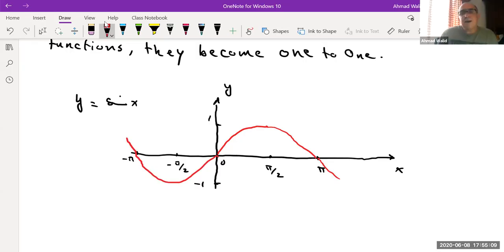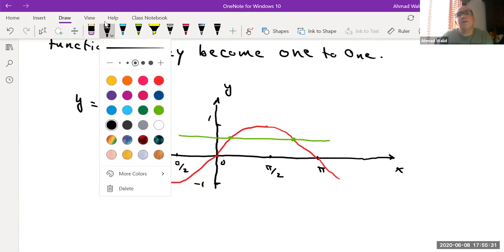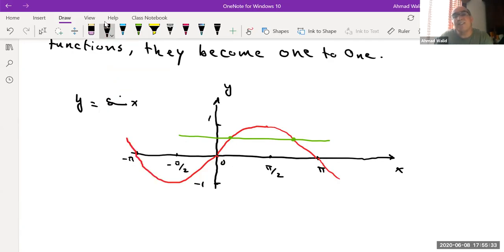If you look at this graph, it's not a one-to-one function, because with a horizontal line test, your horizontal line intersects the graph more than once, two times. It means it's not a one-to-one function. But I told you that if I put a restriction on the domain, meaning on the values of x, then it becomes one-to-one.